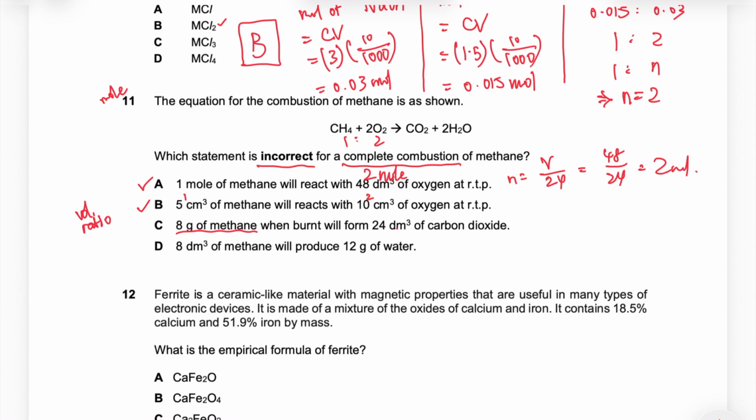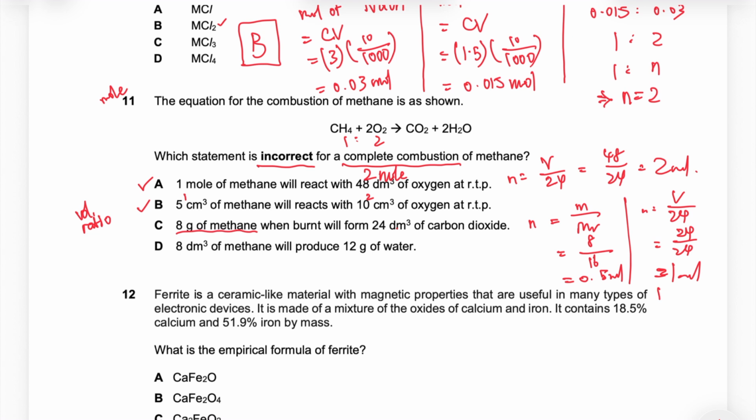Let's do option C here. Mole of methane equals mass over Mr. Mass is 8, Mr is 16. You get 0.5 mole. For CO2, moles equals V over 24, so it's 24 over 24. You get 1 mole.